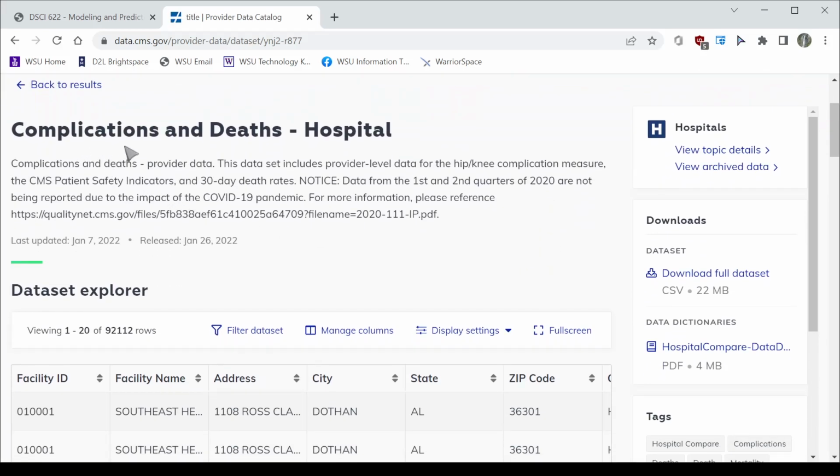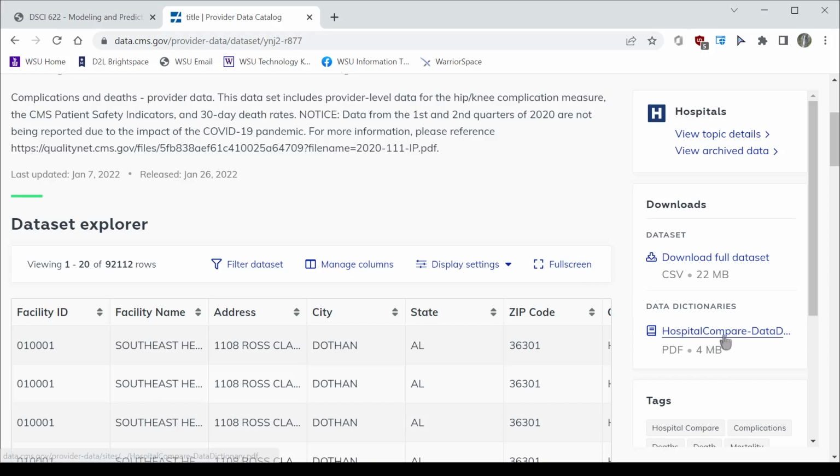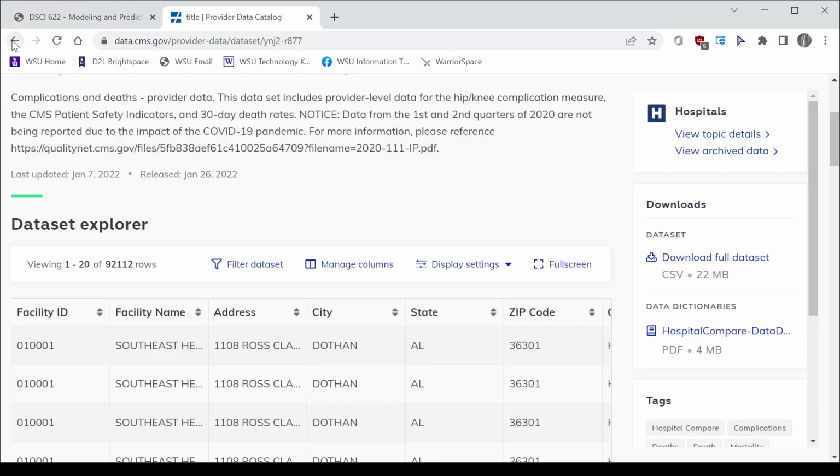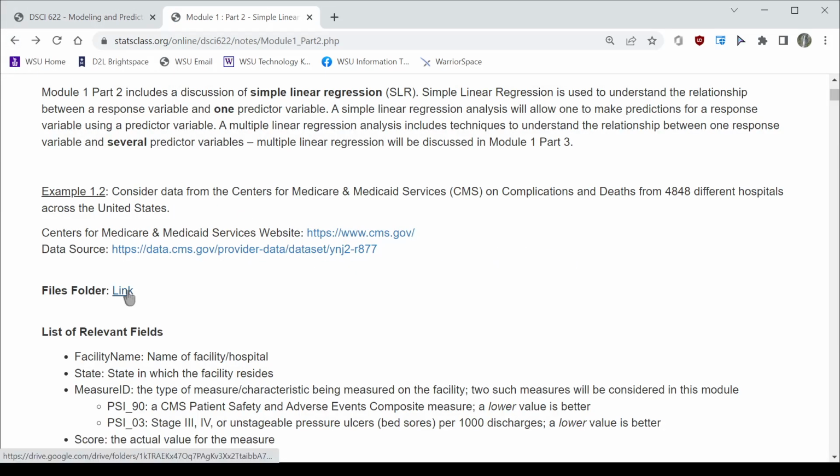You can see this is complications and deaths for hospitals across the United States. There's information about the data dictionary here, and you can download the entire data set here if you want. I have done that already and put that in our files folder for us. I've done a little bit of cleaning to that data, so you can access that here from our files folder.